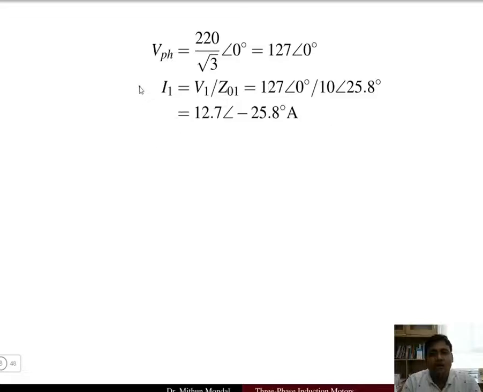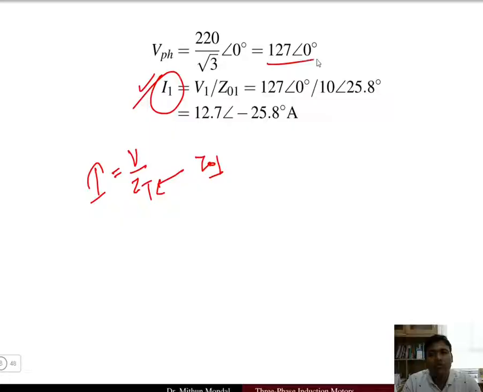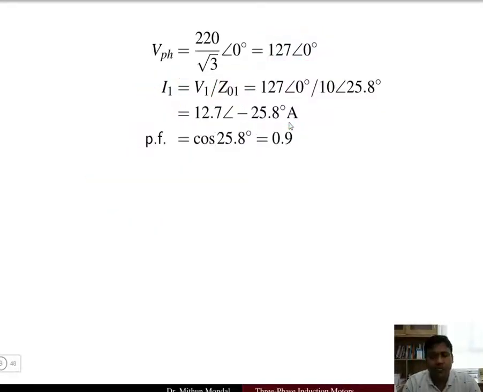The current which is flowing is voltage divided by the total impedance of the network, which we have already obtained as Z01. So the current is equal to the phase voltage divided by the net impedance of the circuit. So we get a current of 12.7 angle minus 25.8.